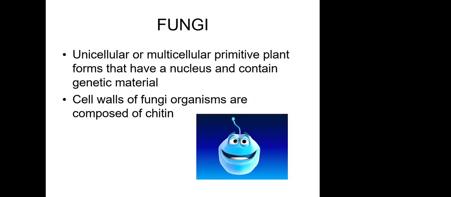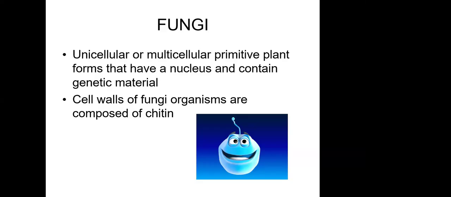Then we have fungi. Fungi are unicellular or multicellular plant forms, believe it or not. They are a primitive plant form that have a nucleus and contain genetic material. Their cell walls are composed of what's called chitin.